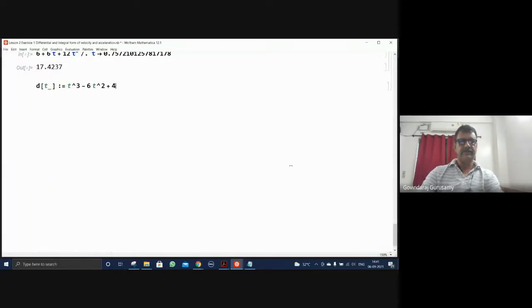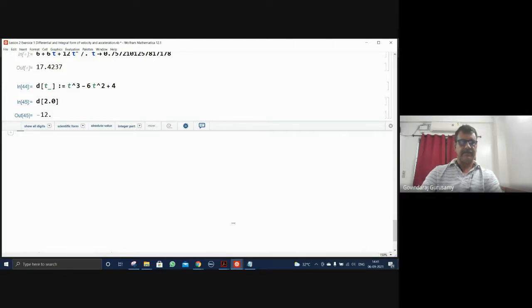This is the function which we will define now. I want to find out d of 2.0, which means substitute all the values of t and get it. Minus 12 is the answer.